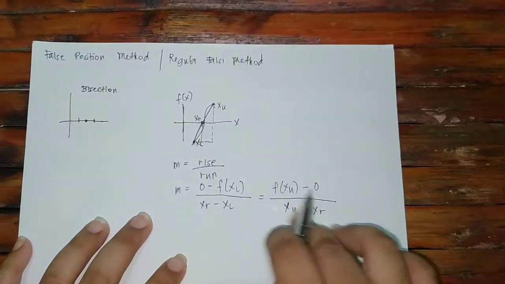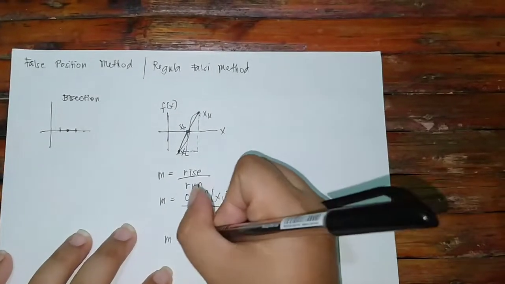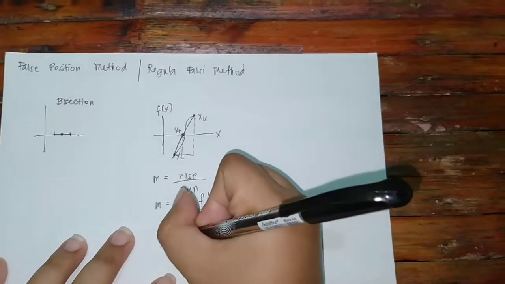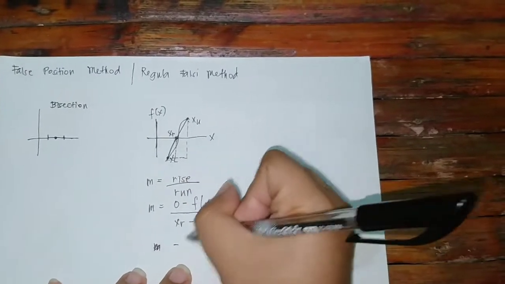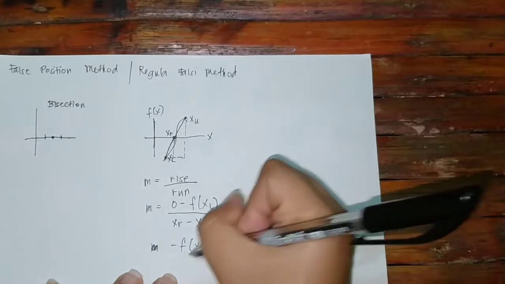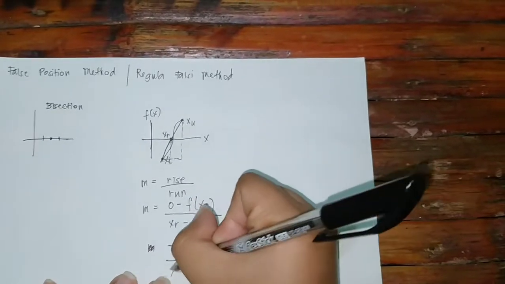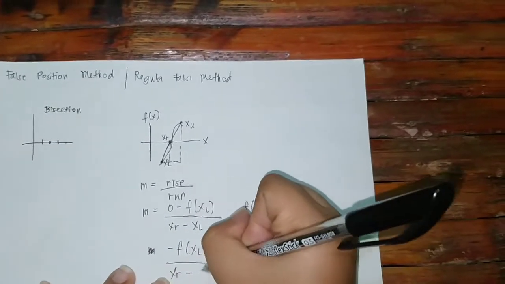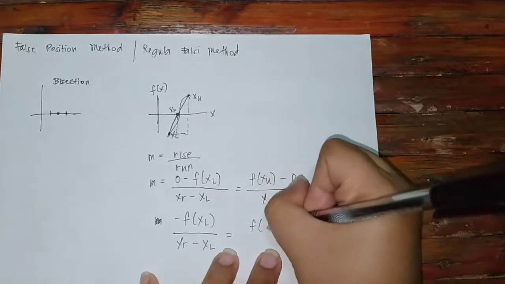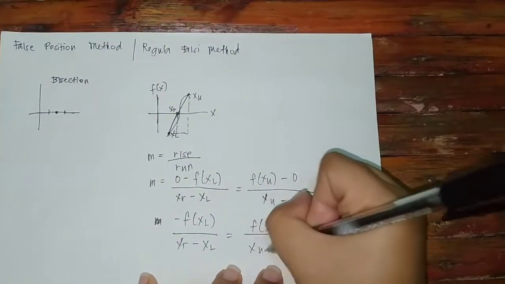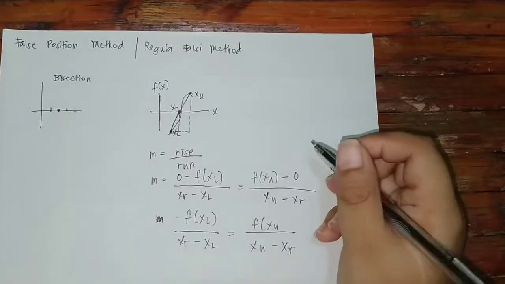Now we have to simplify this term. So we have negative f of x of l over x of r minus x of l is equal to f of x of u over x of u minus x of r.